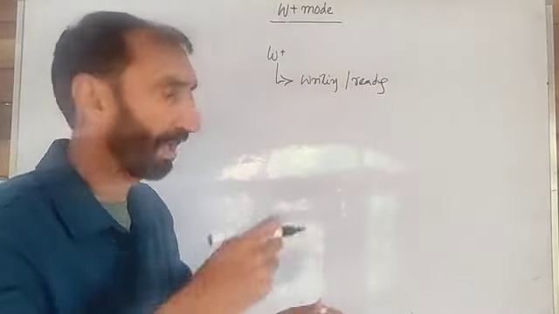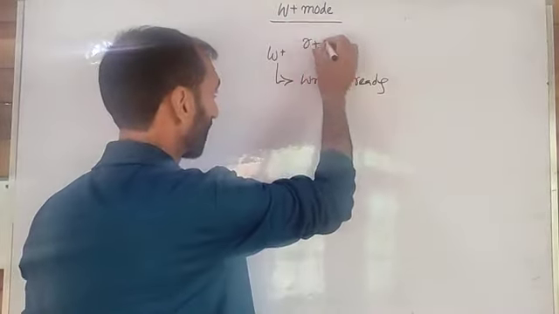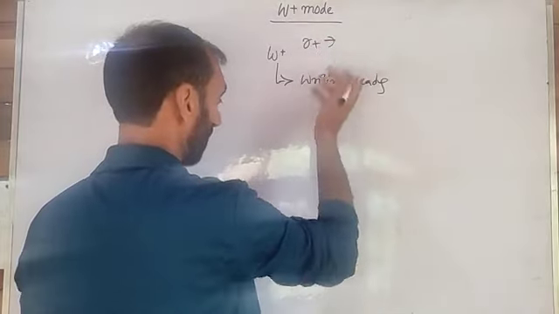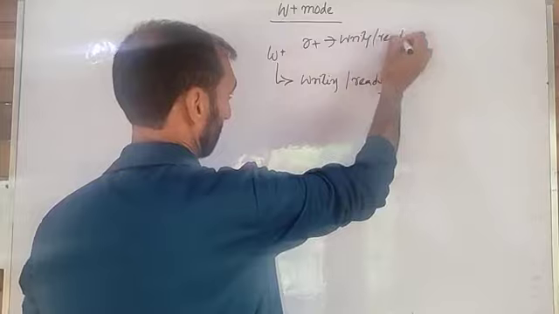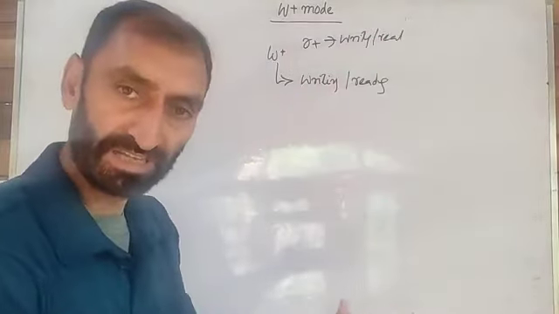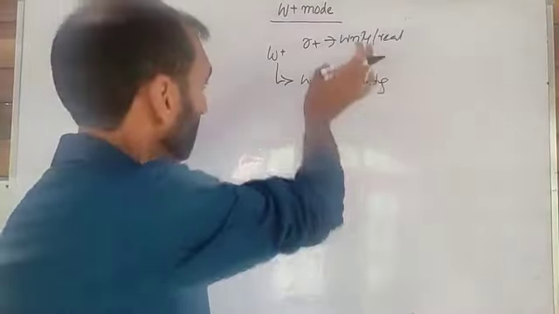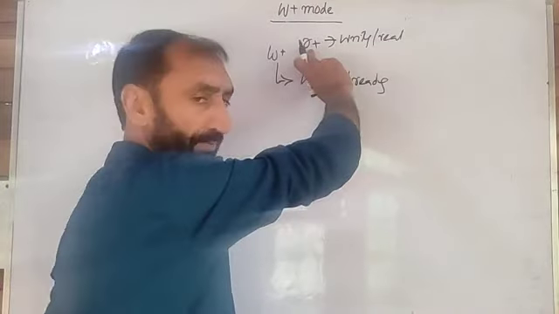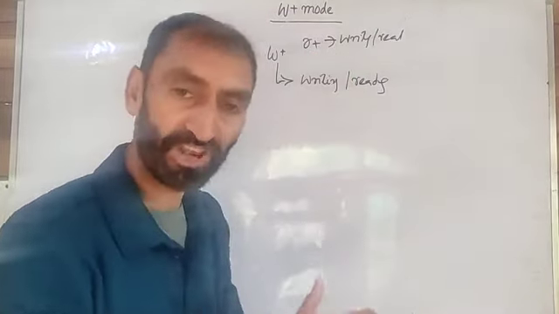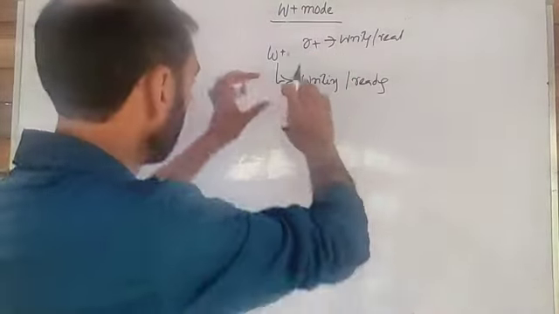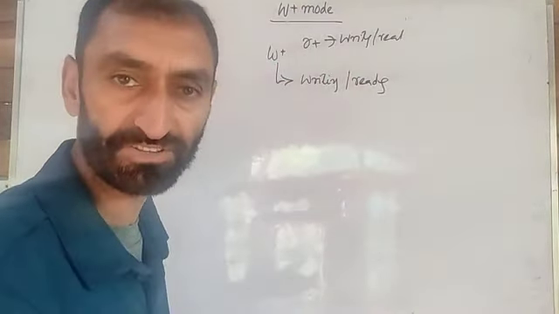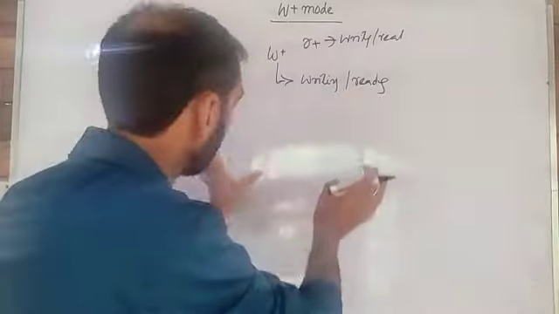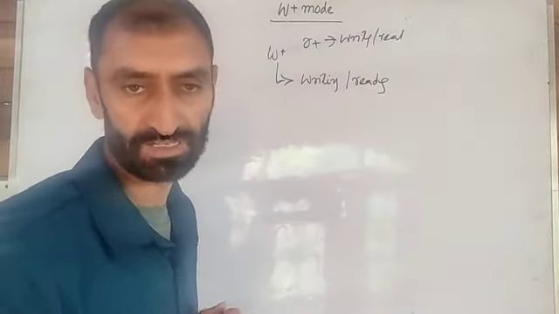R plus mode is also used for writing and reading. That means we can read as well as write the file if we open it in R plus mode. But there is a lot of difference between the R plus mode and W plus mode. What are these differences will be discussed in today's video very minutely.